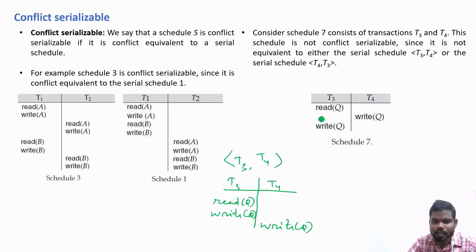Now we'll check whether schedule 7 is conflict equivalent to serial schedule T3, T4 or not.